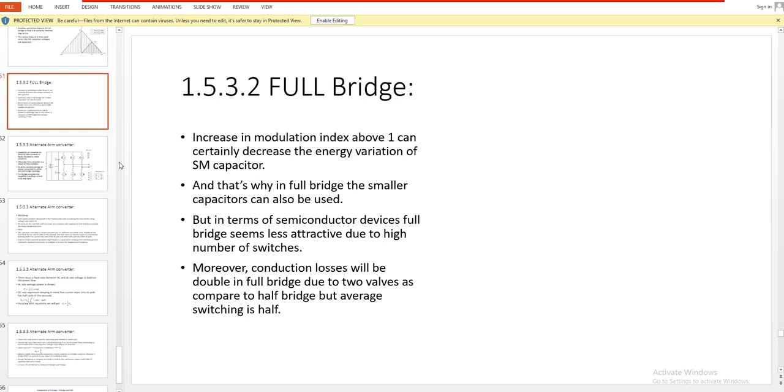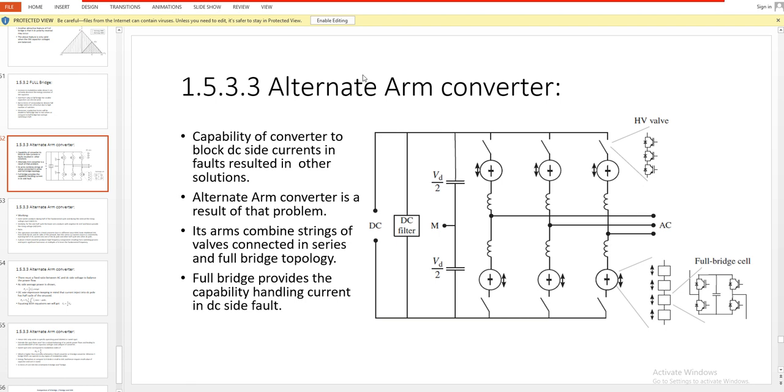Now we are going to discuss, okay, what happens if we are using a conventional two-level converter with full bridge topology? So the next upcoming topology is basically the alternate arm converter.